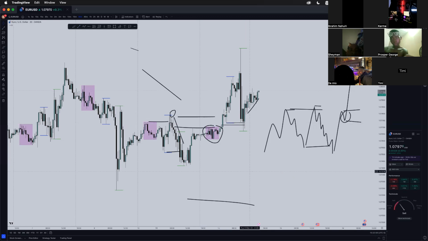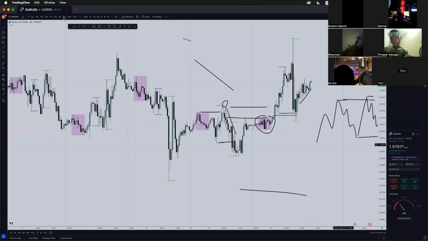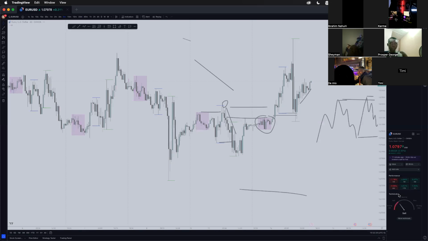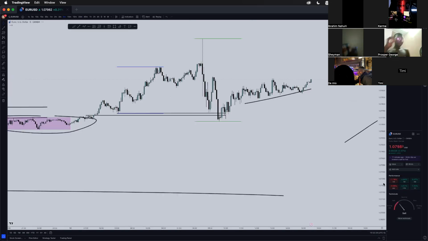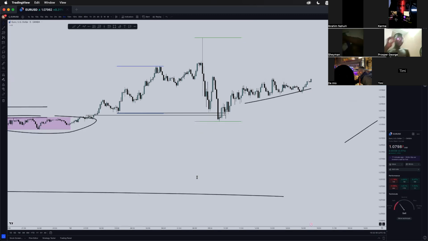Now, after seeing this break of structure and pullback, incomplete pullback, let's now investigate the base itself. So now, investigating the base, let's go to 5 minutes. You will see exactly what I'm talking about. Check your network, bro.